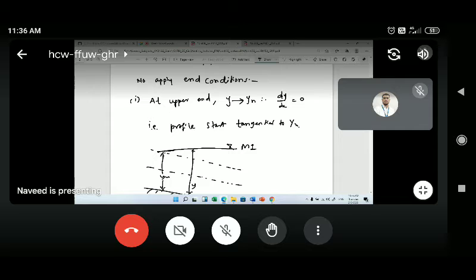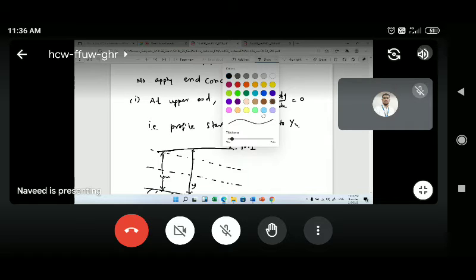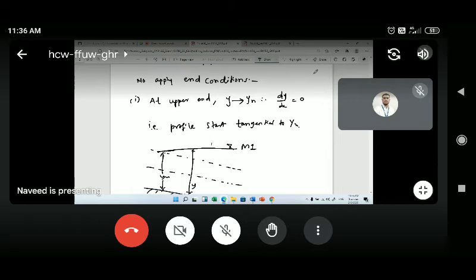I will change the color so that you know that. So I will make this color.